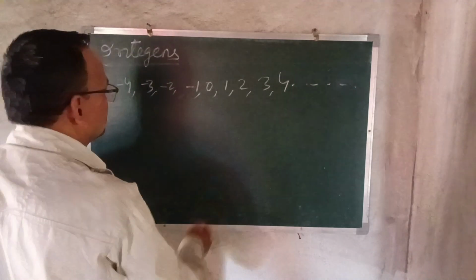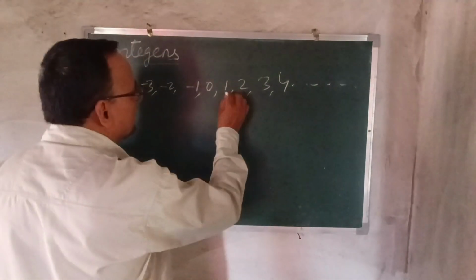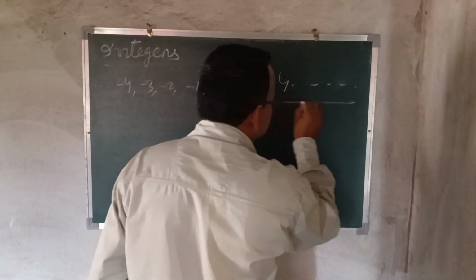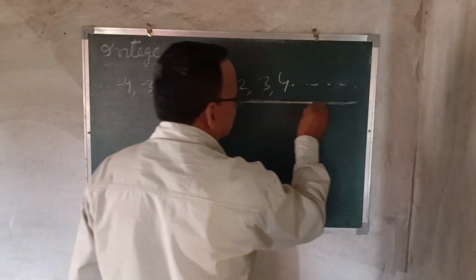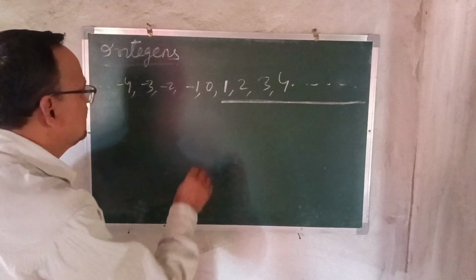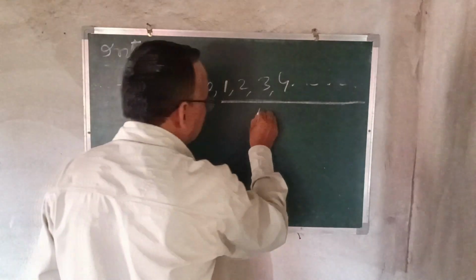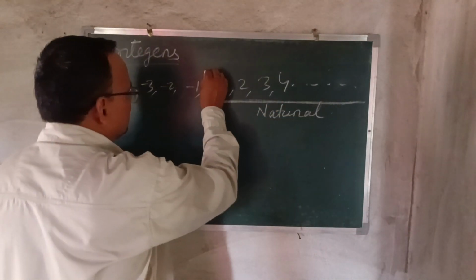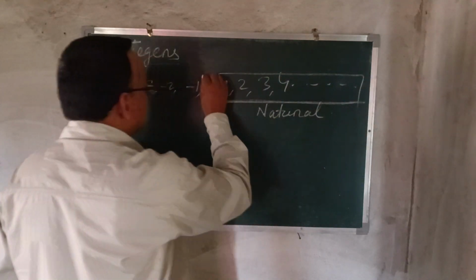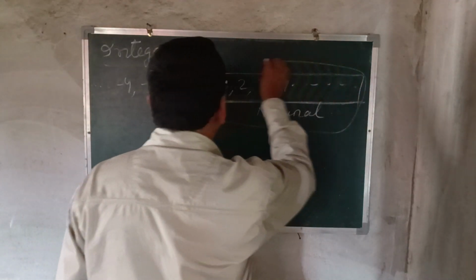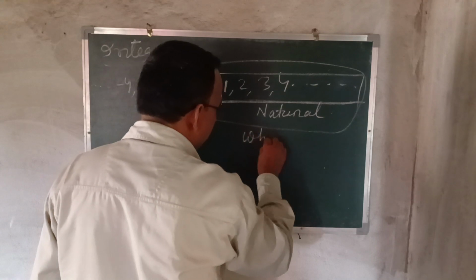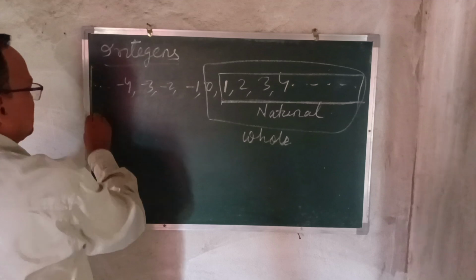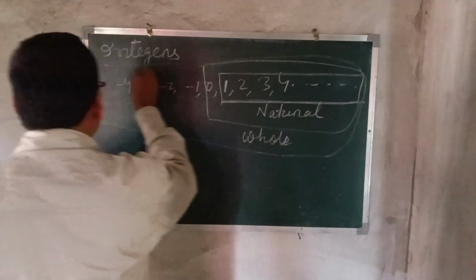So these are integers. And from 1 to the upper right-hand side, they are all natural numbers. With 0, these are whole numbers, and then in total, these are your integers.